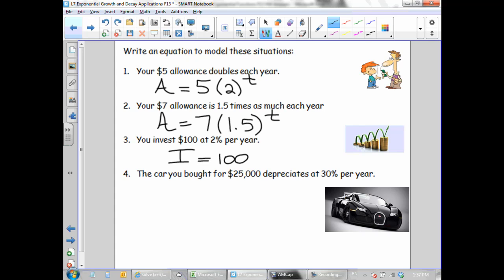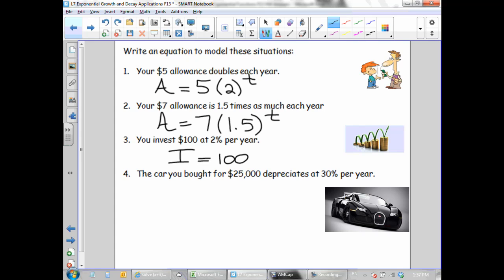Now, remember I said at the start, you always have 100%. When you start some kind of task in these applications, you've got 100%. How much are we either gaining or losing, where are we going to? Who can tell me where we're going to arrive based on it saying investing $100 at 2% per year? How much more are we going to get the first year? We start at 100, and it says something about 2% per year.